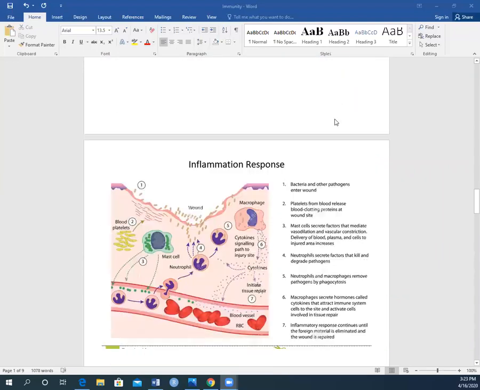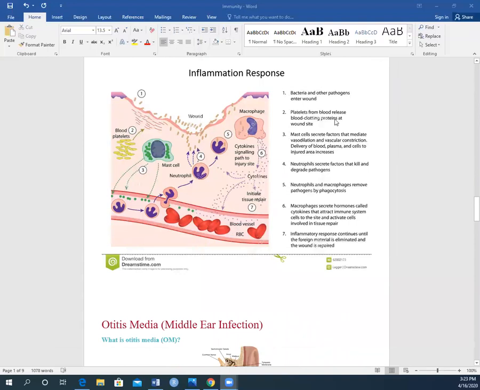Okay. Now your inflammation response. So if you have a cut in your skin, now you've had a disruption of that skin barrier, and bacteria or other pathogens can enter into that wound or that cut.